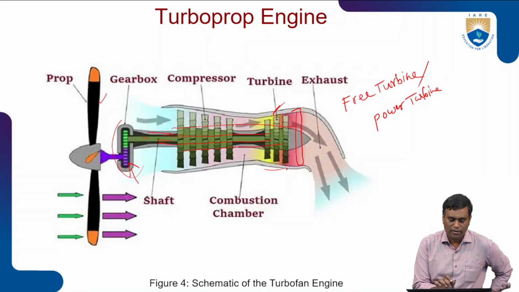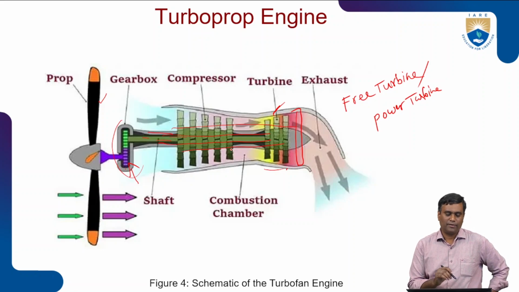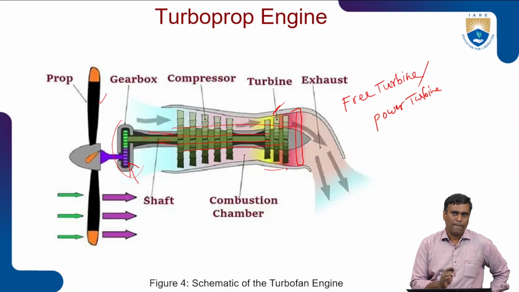So, for example, if you take the first case, the propeller is directly connected to the turbine, directly connected to the compressor blades, then the turbine. In such a case, if you rotate these blades, the compressor blades will immediately rotate. That is, the core engine part immediately moves, that is the compressor as well as the turbine.